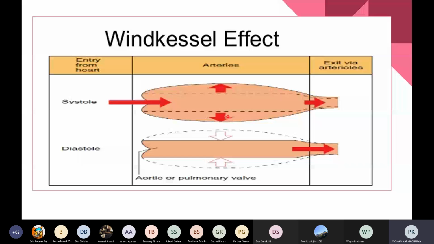Now the Windkessel effect diminishes with age. When the person ages, this effect declines because the aortas become less compliant and undergo changes like atherosclerosis. Because of that, the Windkessel effect decreases, and that will lead to an increase in systolic blood pressure.